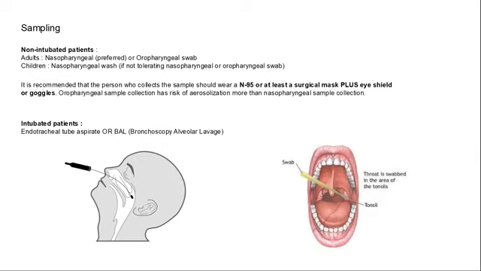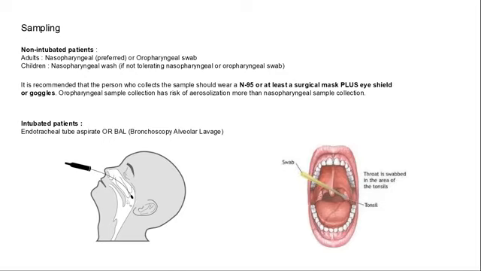As I mentioned earlier, for non-intubated adult patients, you want to do nasopharyngeal, which is preferred over oropharyngeal. The reason being there is less aerosolization. But nasopharyngeal sampling is very tricky, because if you haven't done it, a lot of people end up sampling from the nose instead of the nasopharynx. You have to go beyond the turbinates and hit the nasopharynx.